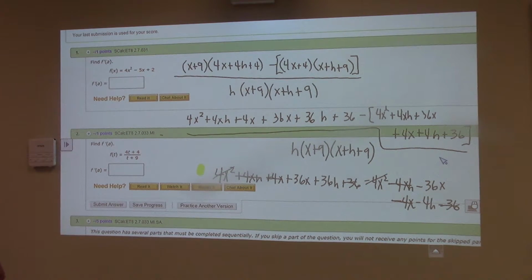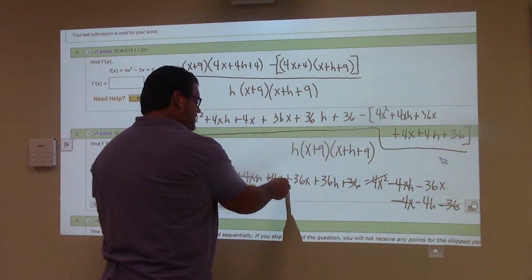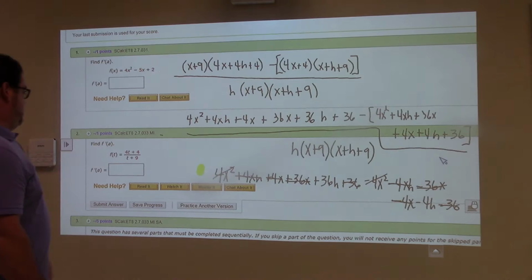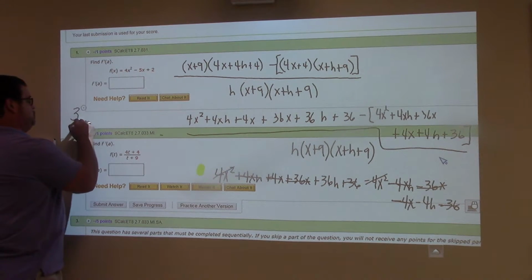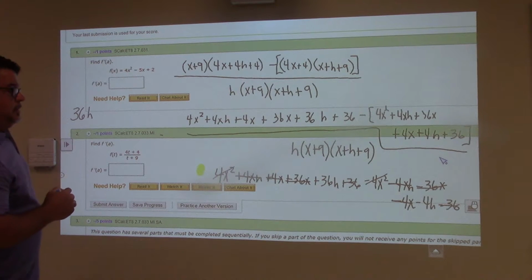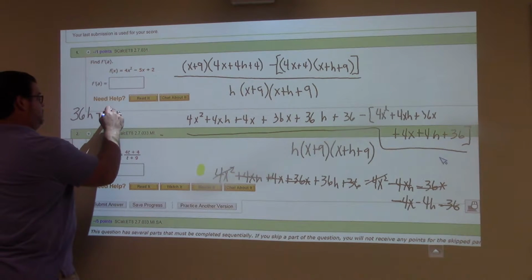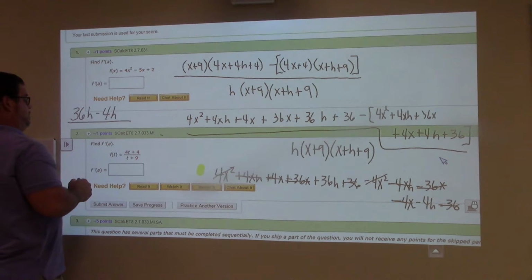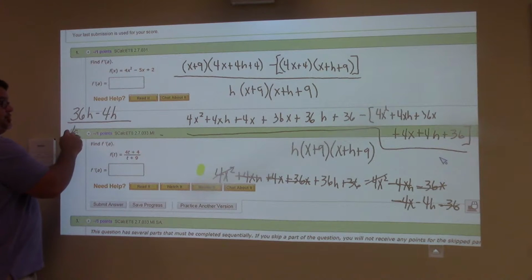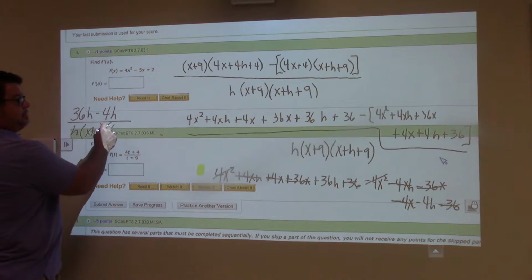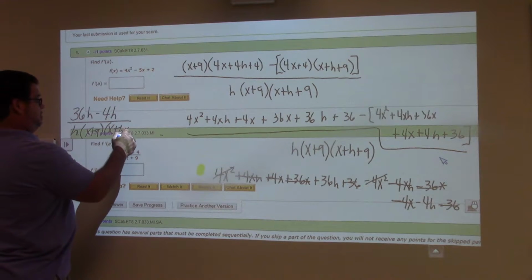That 36x should cancel. And what should be left? All your h terms. So 36h minus 4h, over h times x plus 9 times x plus h plus 9.